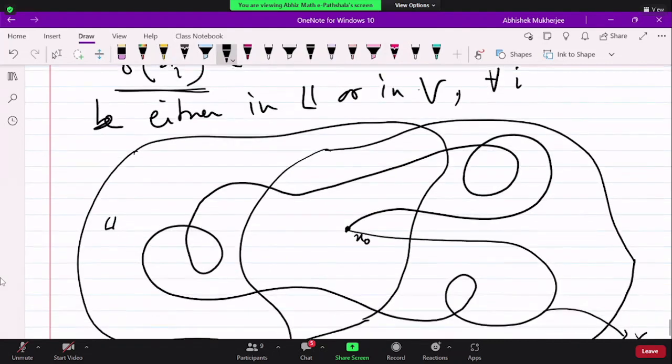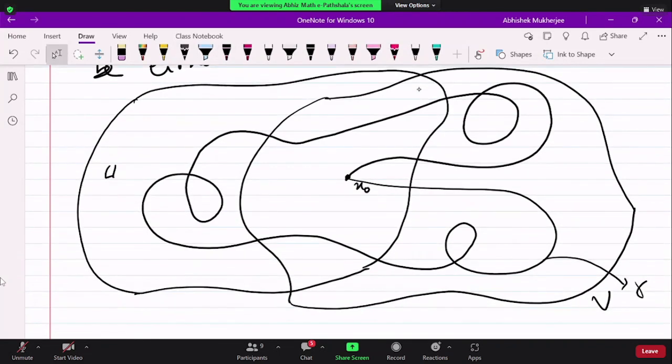That means this X naught is your gamma b0, and also it is your gamma bn. And let us take gamma b1 here, and then just look at this path.